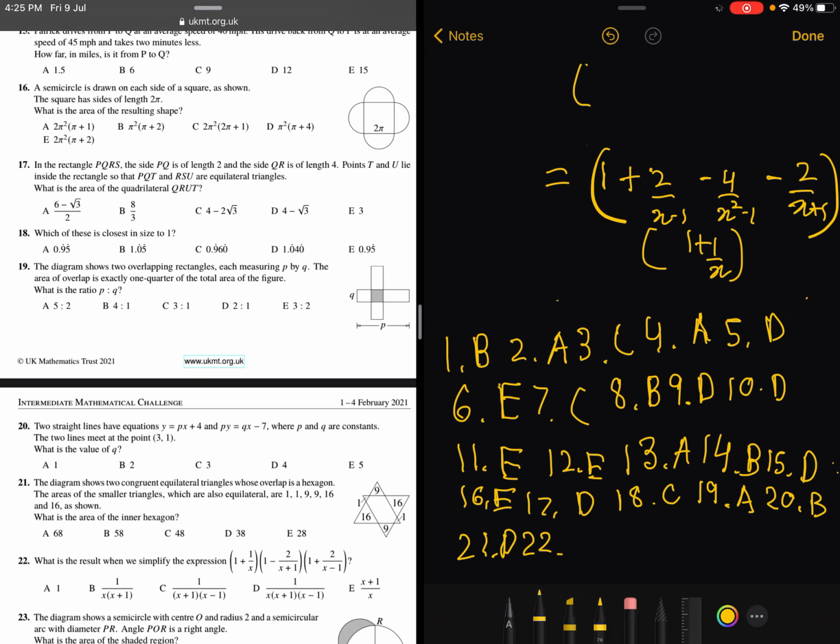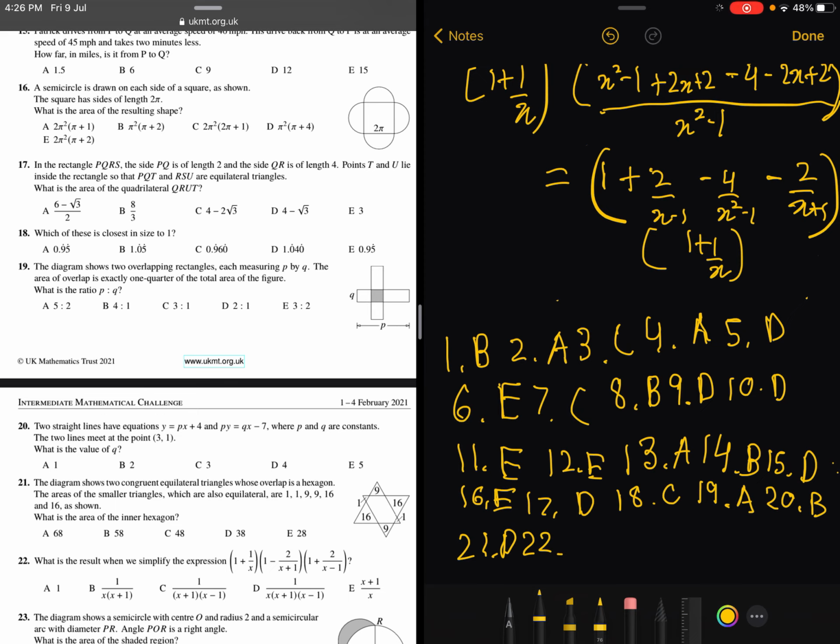So we get x squared minus 1 and plus 2x minus 2, 2x plus 2, and then we get minus 4 minus 2 into x minus 1, so we get minus 2x plus 2, the whole thing over x squared minus 1, and that is into 1 plus 1 over x.